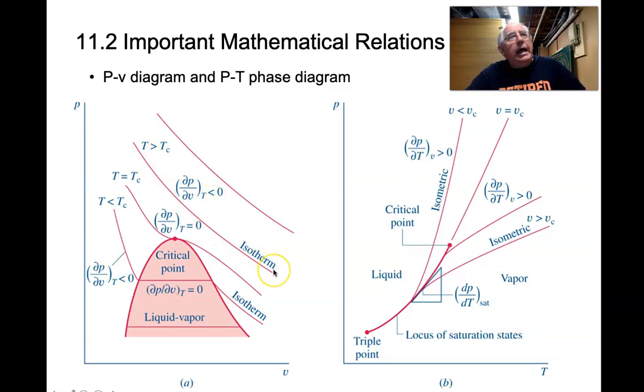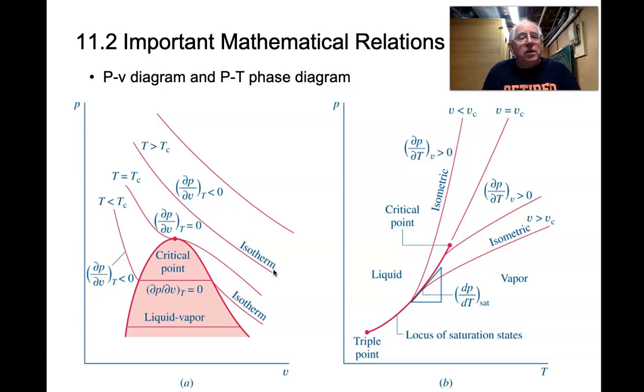That's a line that has a negative slope. And so that partial for the gas has that relationship. And so what does that tell us? That tells us that if we have a substance and we're holding it in a constant temperature process, as we change the volume, the pressure is going in the other direction.